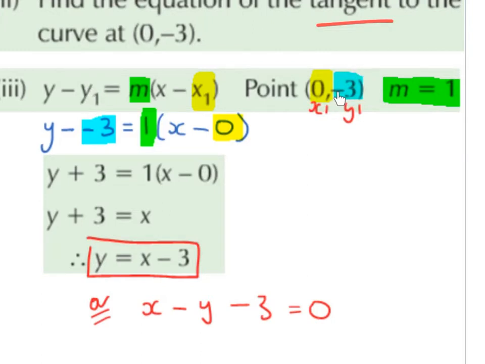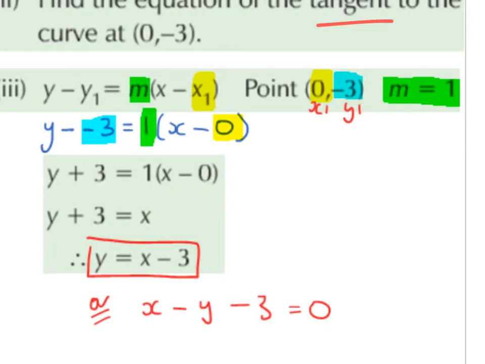It's important that you include the minus. So we have y minus y1, so we have y minus minus 3. Be very careful here, some people can forget the second minus. Now obviously if this did not have a minus, we'd only have one minus over here. But because there's a minus in the formula and a minus in our y value, we have two minuses.